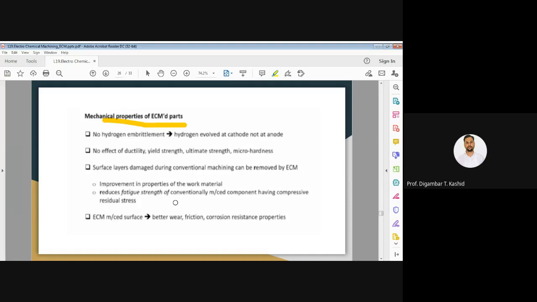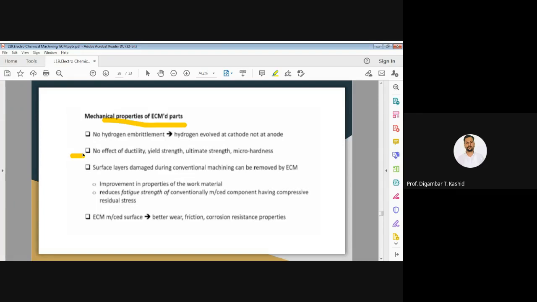Again, the mechanical properties I have mentioned, like ductility, yield strength, ultimate tensile strength and microstructure, do not change in your workpiece surface. The surface layer damaged during the conventional machining process can be removed.